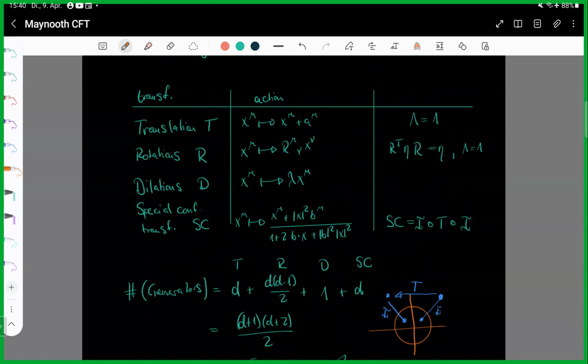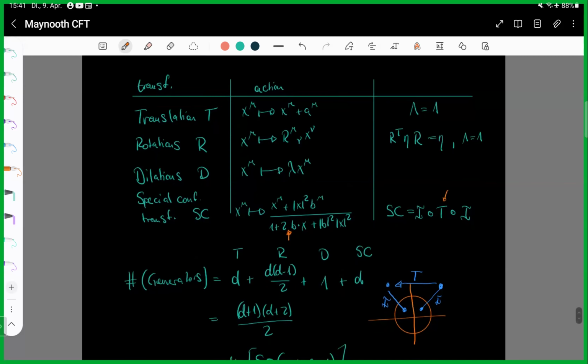In conformal field theory, everything should be scale invariant. So B should carry the inverse of x squared. But that doesn't quite work. So most likely there may be some units missing here, but the idea is that B is basically this translation here. So let's see, what are the units of this thing?